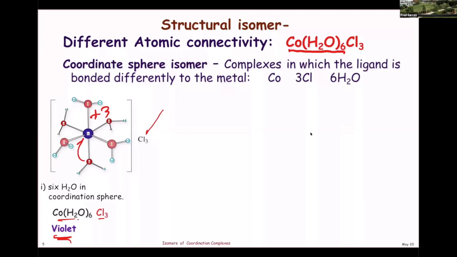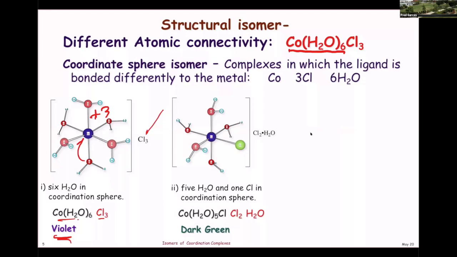Okay. The next one that has the same formula is, instead of 1 water that is bonded to cobalt, we replace it with a chlorine, and then that water is now a hydrate. Remember what a hydrate is. It's sort of like electrostatically attached to the compound.